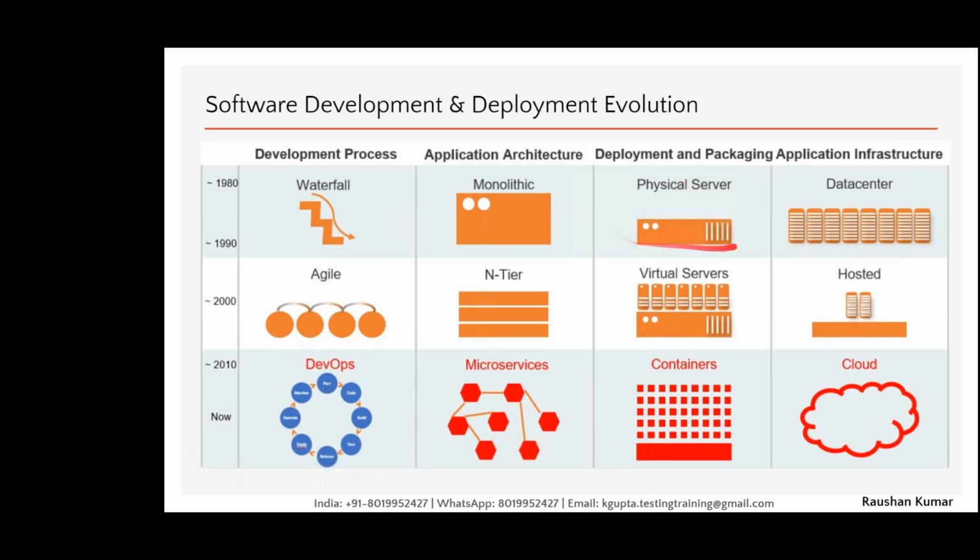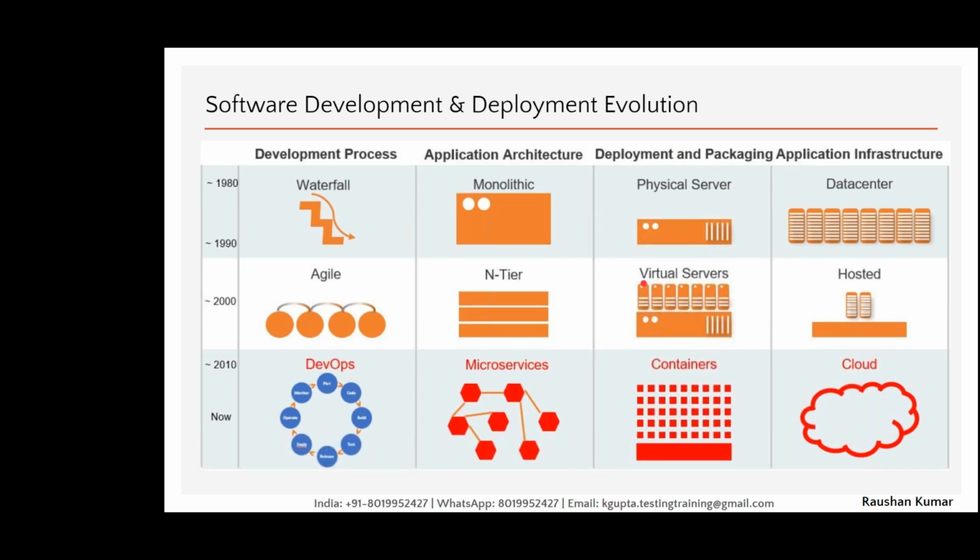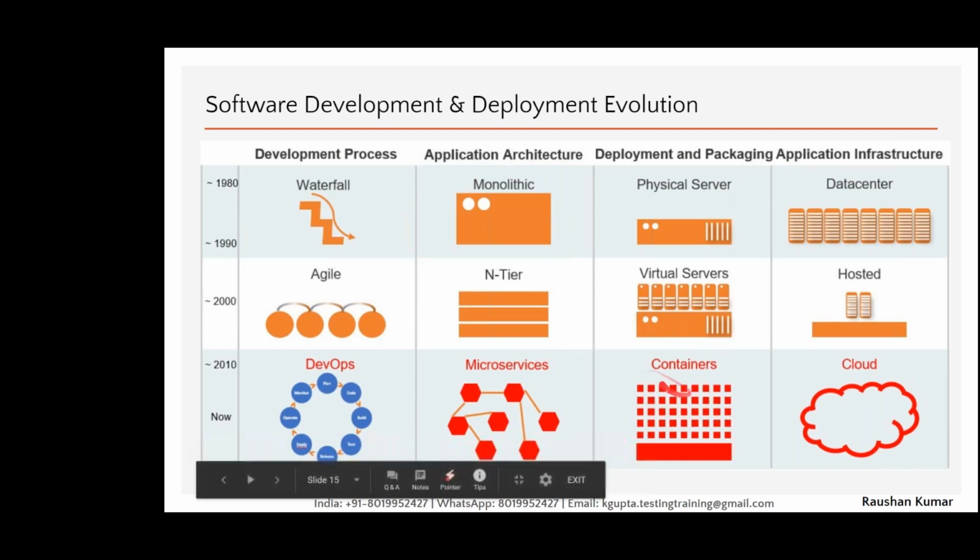On the physical server, we deployed the hypervisor software, then we created the VMs. So now in each of the VMs, we have to install one container engine like Docker, and then we can create multiple containers using the container engine, and Docker is one of the examples of container engine. So that's what it is.